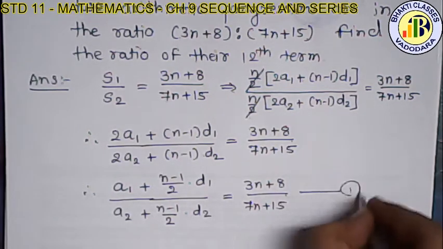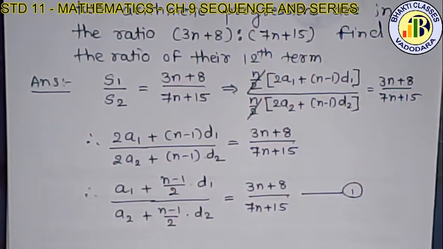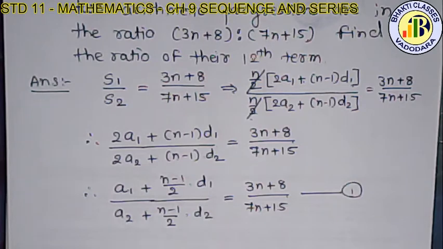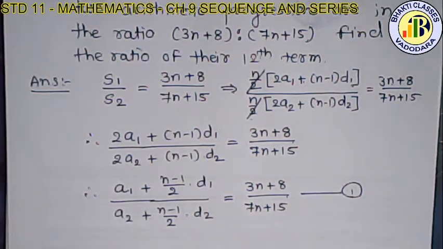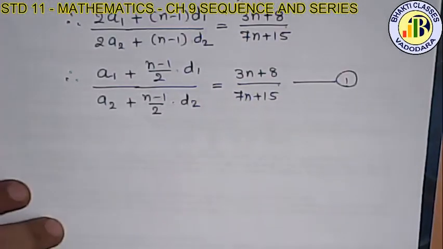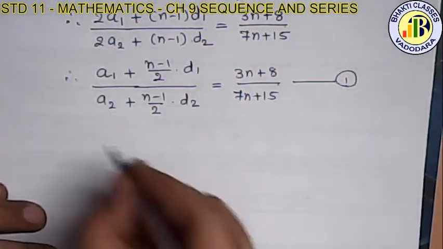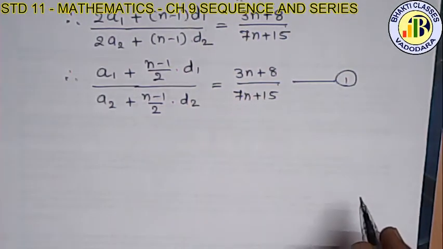This is our equation number 1. This relationship we got in terms of n, a1, a2 and d1, d2. Now we require to find out the ratio of their 12th terms.